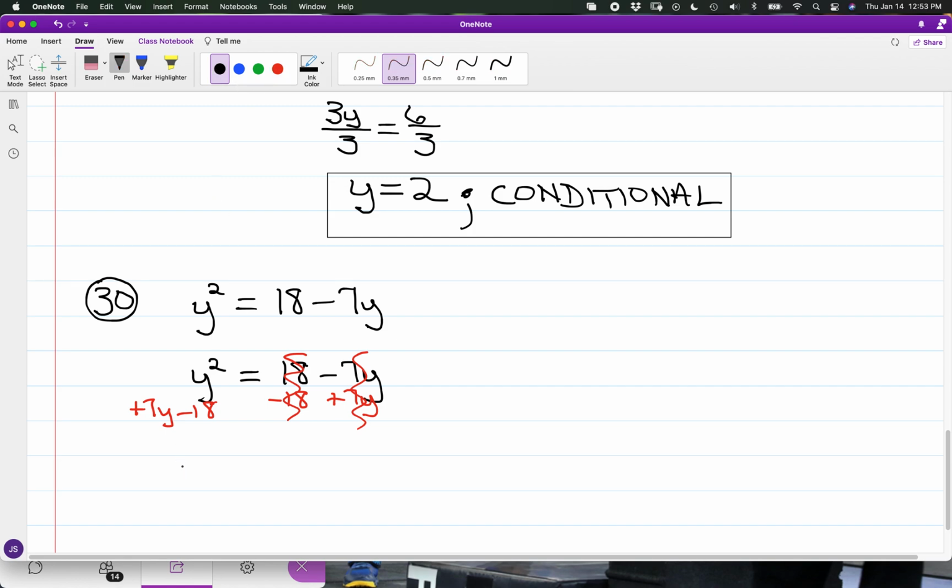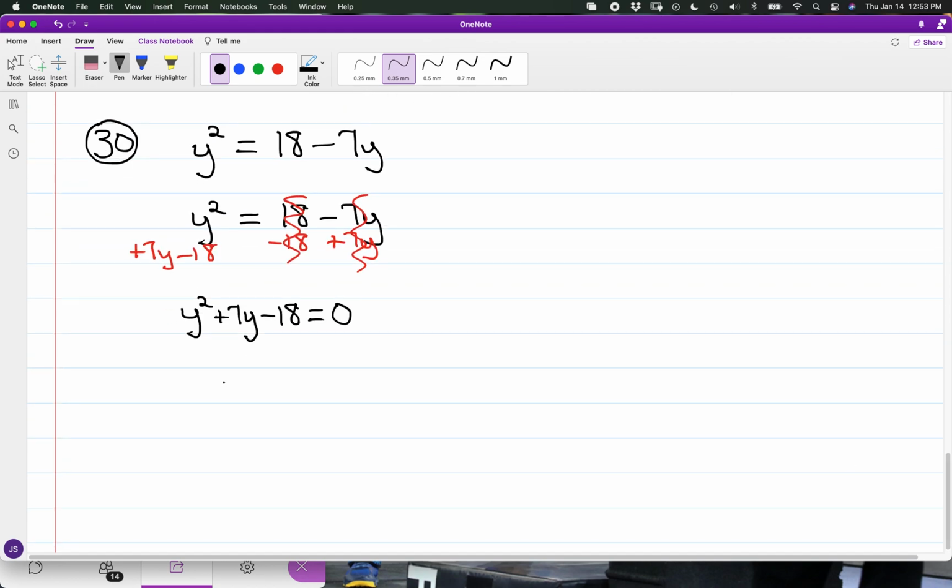And so in the rewrite, we have y squared plus 7y minus 18 is equal to 0. And now we have a factorable trinomial expression.